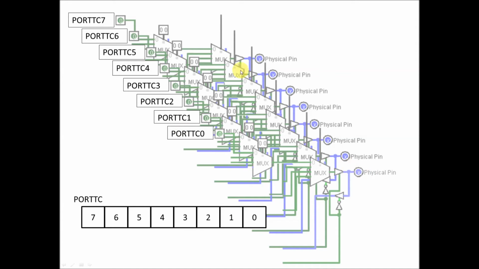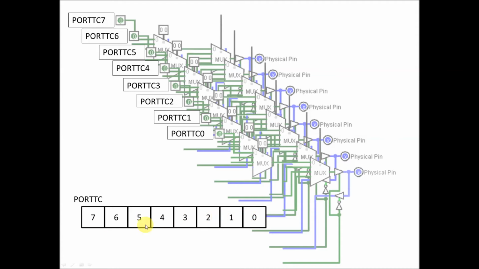So all of these physical pins and their associated controllers share a register, basically 1 byte that we can treat as a whole, right? So port TC as a whole, we can control bits 7, 6, 5, 4, 3, 2, 1. And how those are connected depends on some information we'll look at in a minute. So we see this byte all together.